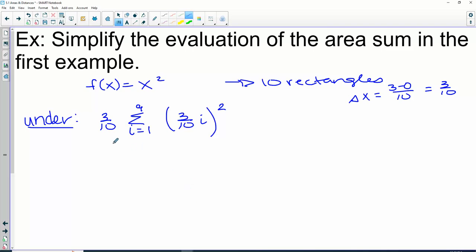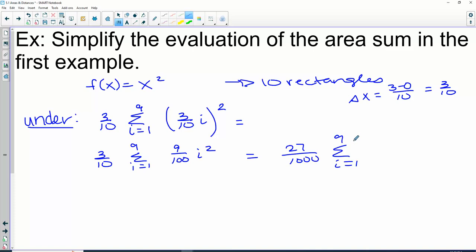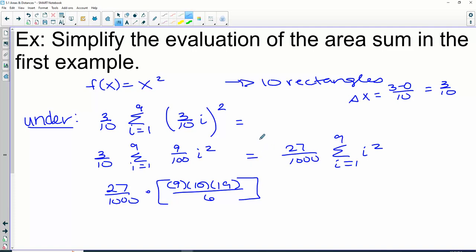Okay, so now let's use our summation rules. This is the same as saying 3 tenths, sum from 1 to 9, of 9 over 100, i squared. Or if I pull that out, 27 over 1,000, sum from 1 to 9, of i squared. So if we add up our squares, n times n plus 1 times 2n plus 1 over 6, and see what we get.